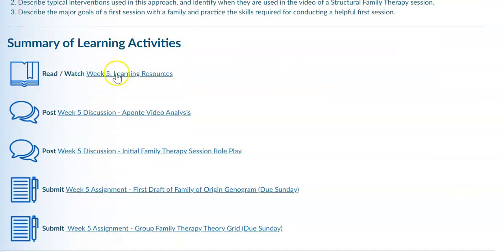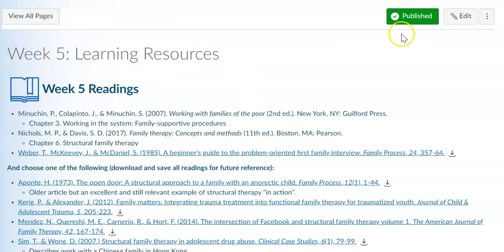There are a large number of learning activities for this week. So the first is the readings. The first one is Minuchin et al., Working with Families of the Poor. In the text, Chapter 6 on structural family therapy and an additional article.